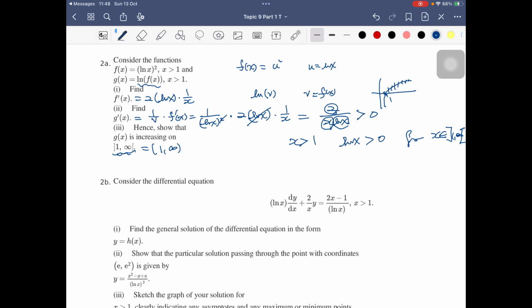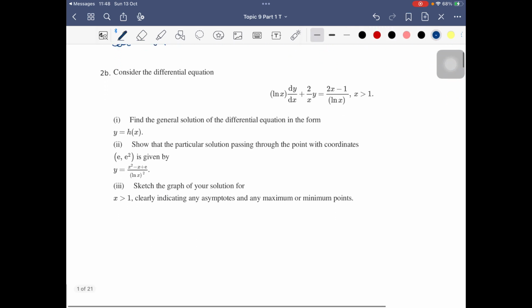And to b. Now we have this differential equation. Let's put it in the linear integrating factor form. We need dy over dx with a coefficient of 1, so ln x should not be there.